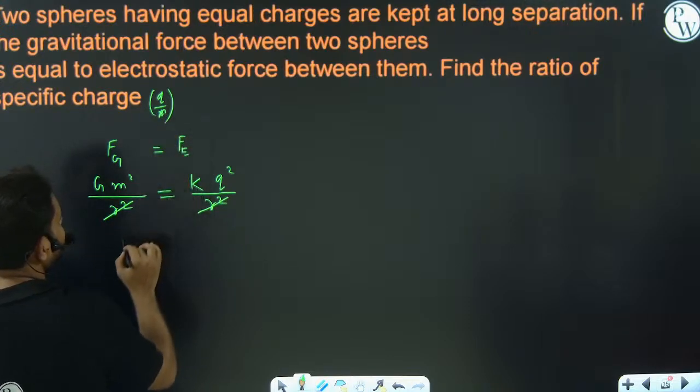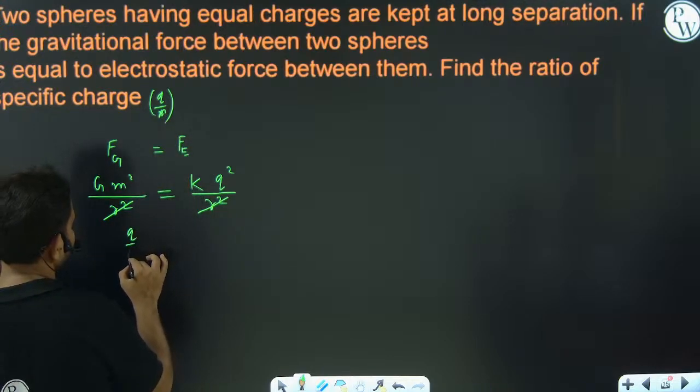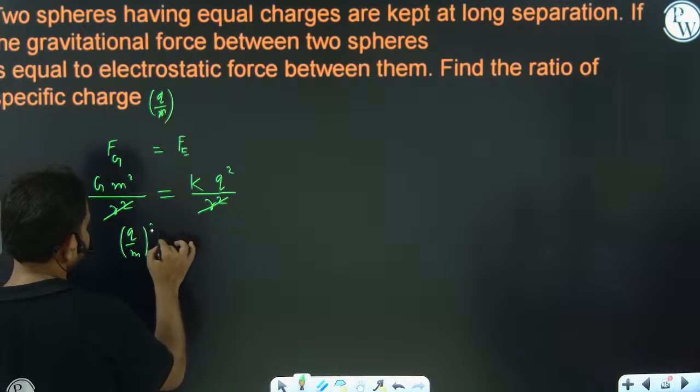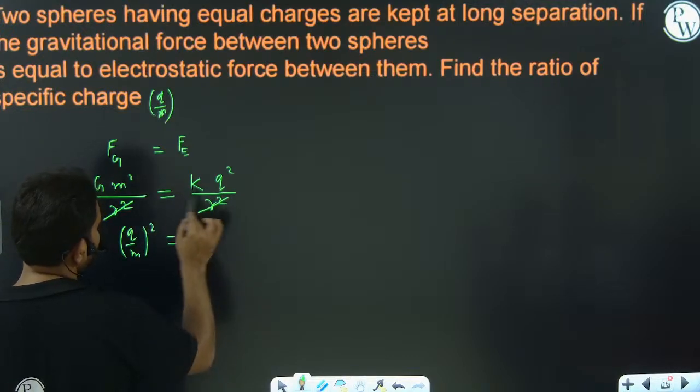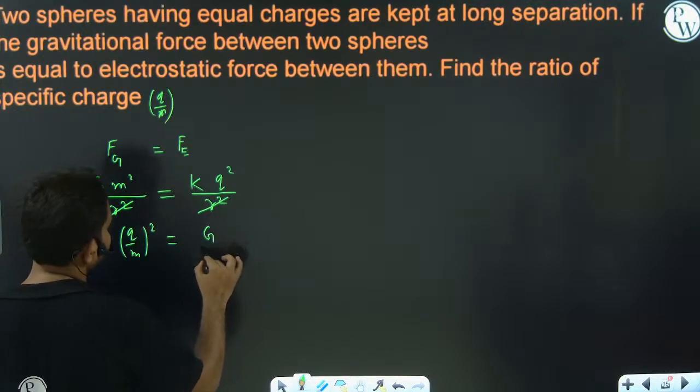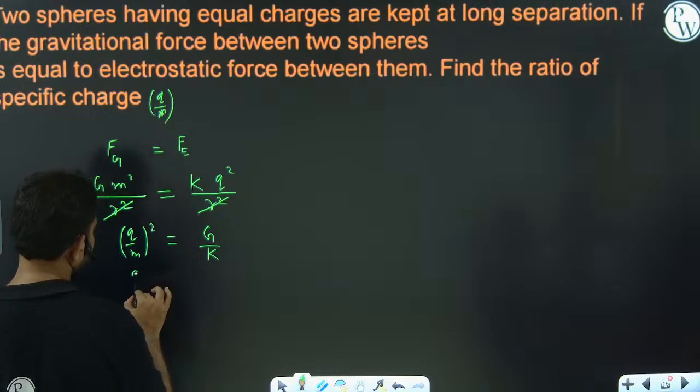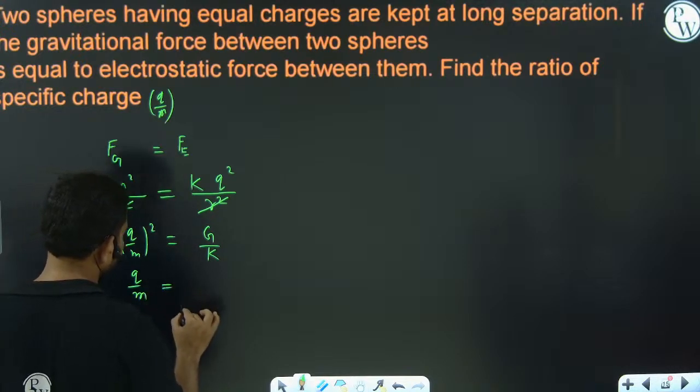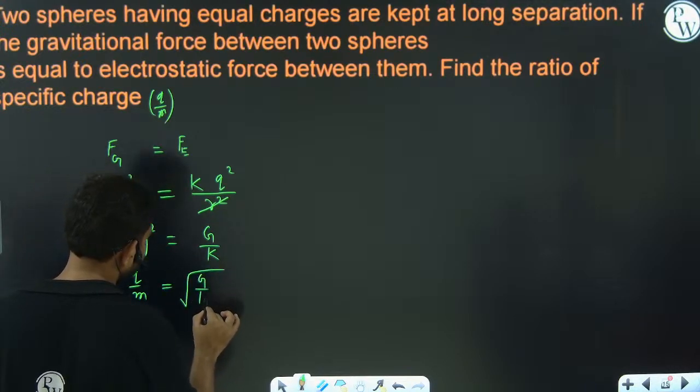We want to find out Q upon M. So (Q upon M) whole squared is G upon K. So Q upon M will be equal to the square root of G upon K.